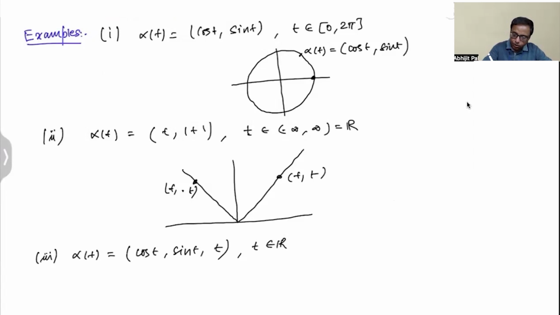So what will be the trace of this alpha? I can draw it here. Let us take this three-dimensional space. This image of alpha lies on the cylinder. So let me draw the cylinder first.